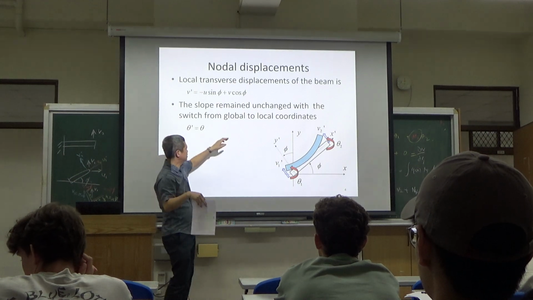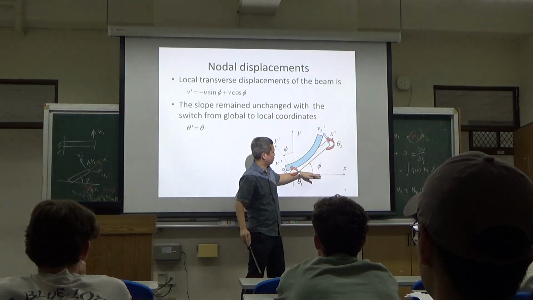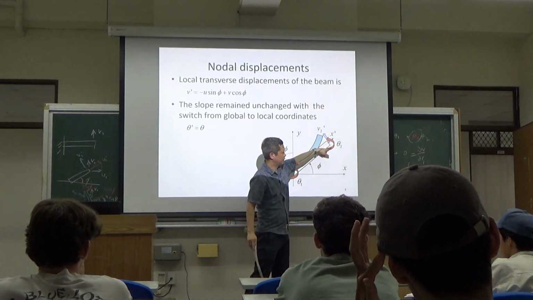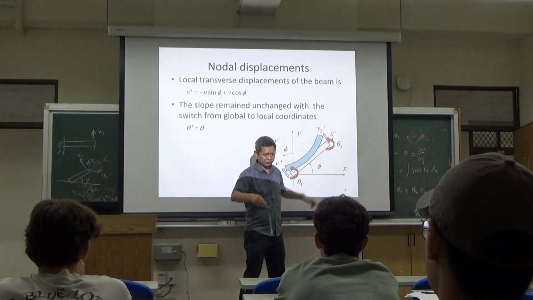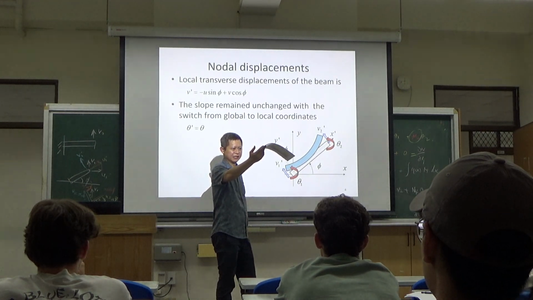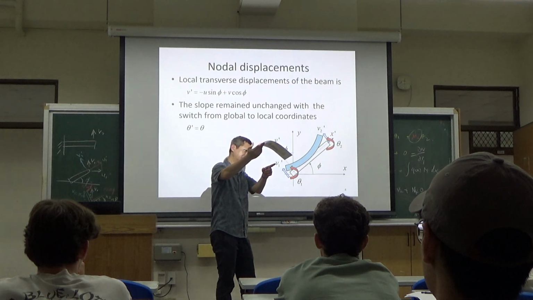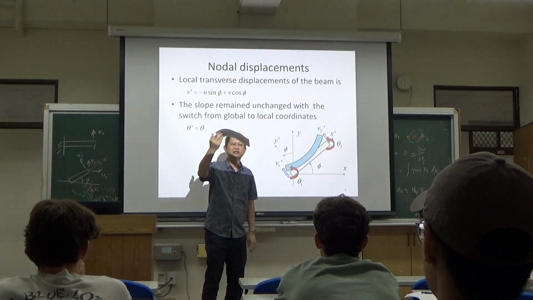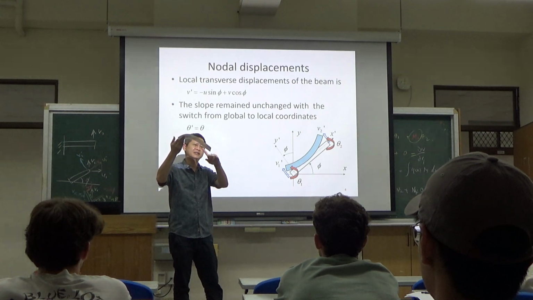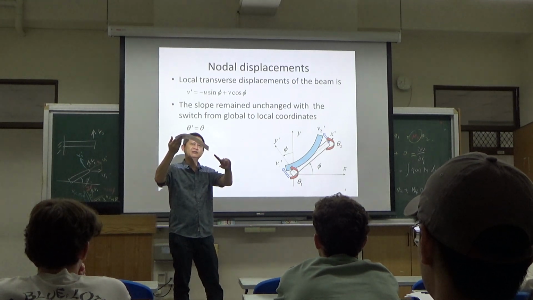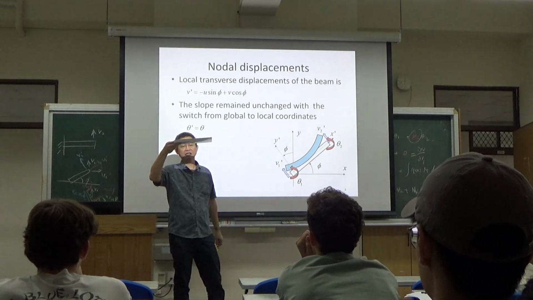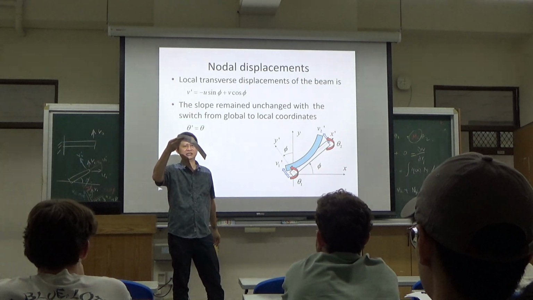Okay? So the rotation of the coordinate doesn't change the rotational angle. Let's look at this simple cantilever beam that bends under the weight. Okay, can you tell me what is the angle of rotation? When I'm saying angle of rotation, I'm referring to the starting angle and the final angle.